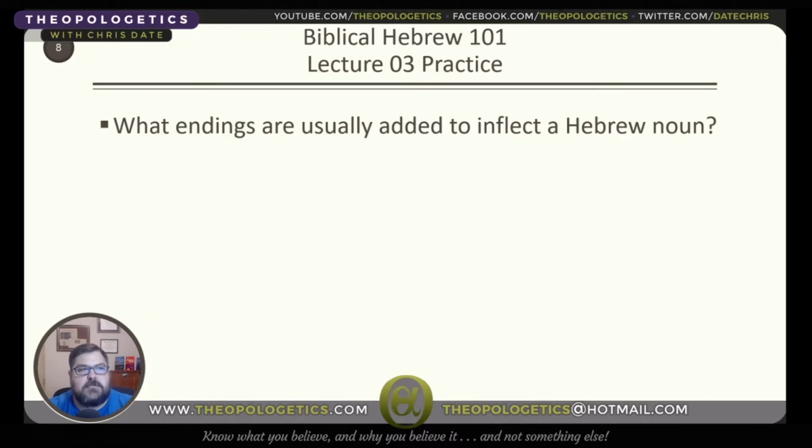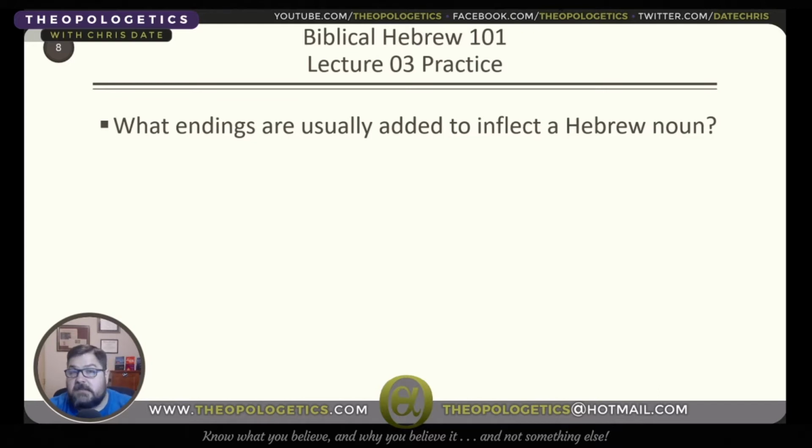What endings are usually added to inflect a Hebrew noun? So here I'm asking you to reproduce mentally or verbally, if you want to answer me vocally, the table that has masculine and feminine columns and then singular, plural, and dual rows. I want you to tell me what the characteristic endings are in each of those 6 combinations of gender and number.